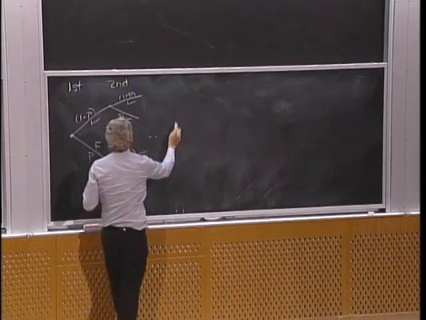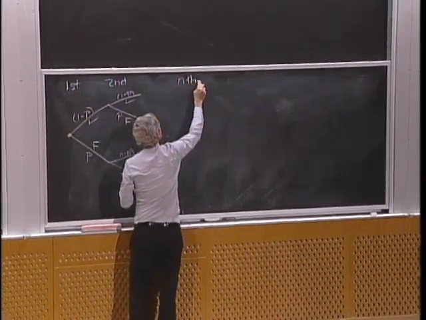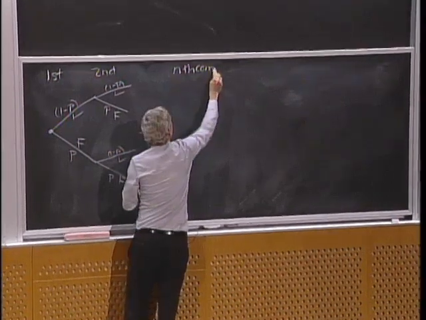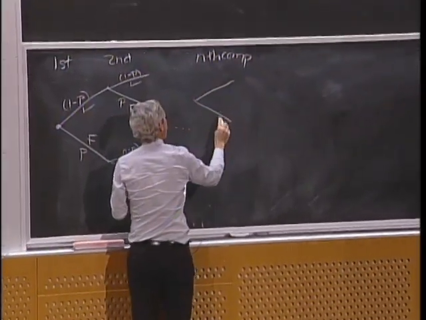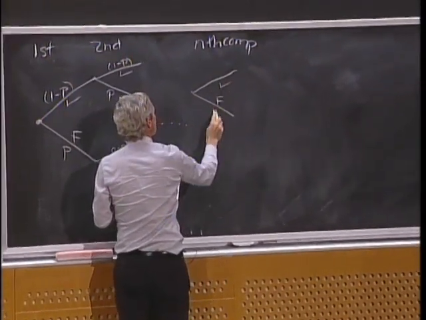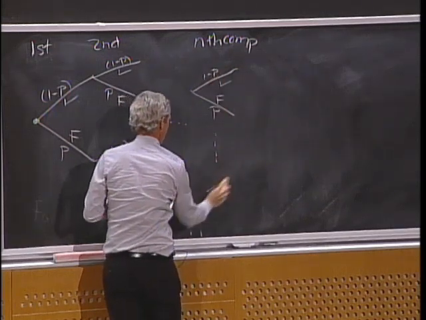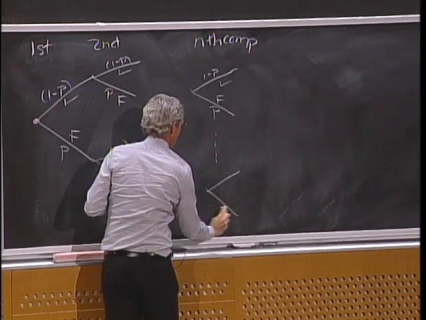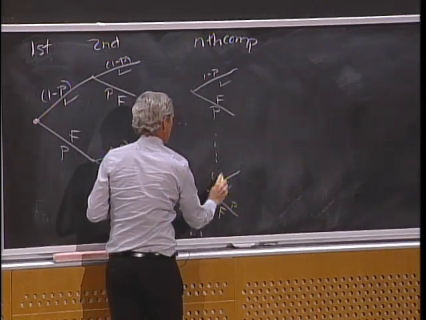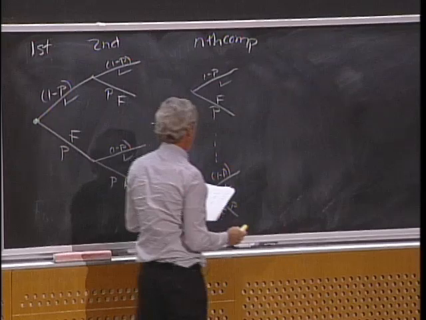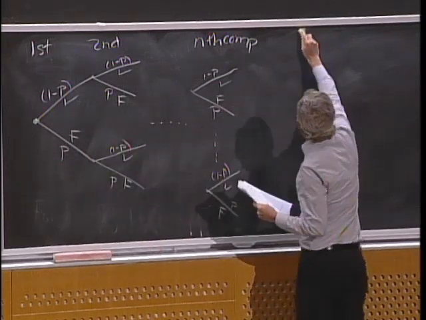And you keep on going till you get to the nth component. And that can fail or not with probability p or 1 minus p in general down here. All right, and now we look at all the sample points out here.